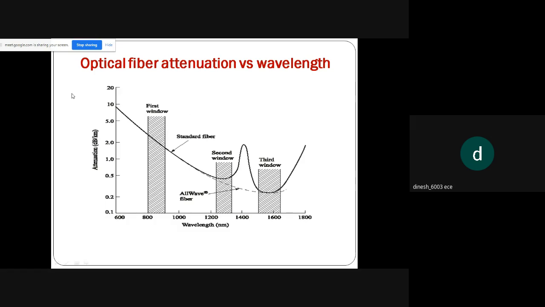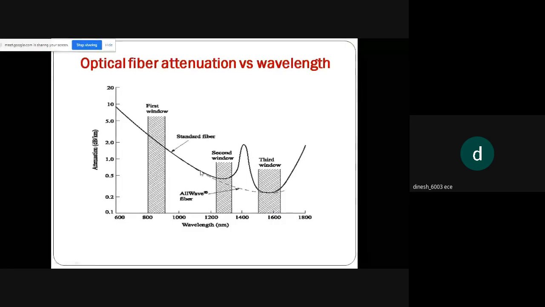This is the standard fiber attenuation curve. You can see that this dark line, written as standard fiber, goes like this, and this is your all wave fiber. So this graph represents the optical fiber attenuation versus wavelength.